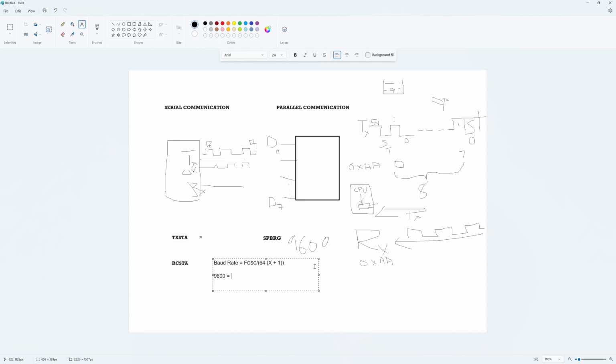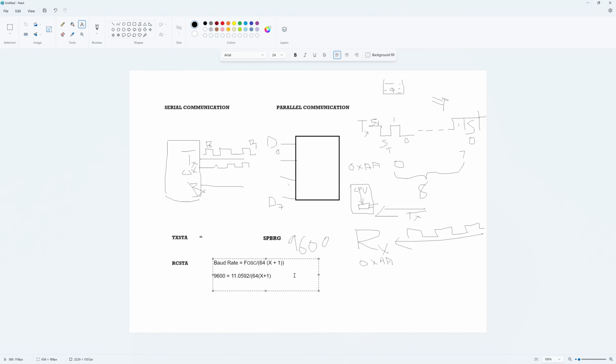And you know the frequency of oscillation also, it is 11.0592. I am substituting all the values into this equation: 64 times x plus 1.